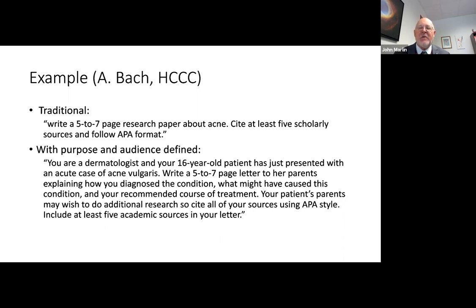So the old-fashioned way would be write a 5 to 7 page research paper about acne. Oh, fun. Cite at least 5 scholarly sources and follow APA format. Well, that's the way a lot of writing assignments, unfortunately, are handed out, because there's some belief that students understand what a research paper looks like, for example, and what its purpose is.